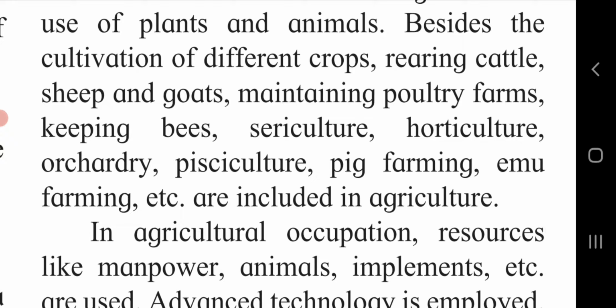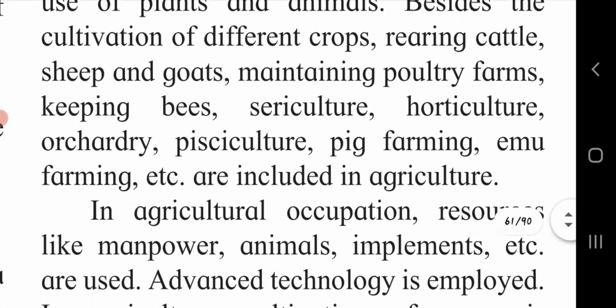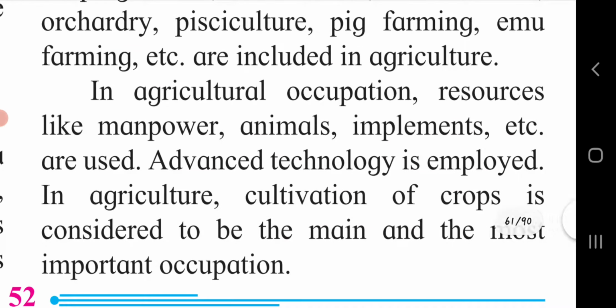are included in agriculture. In the agriculture occupation, resources like manpower, animals, implements, etc. are used. Advanced technology is employed. In agriculture, cultivation of crops is considered to be the main and the most important occupation.